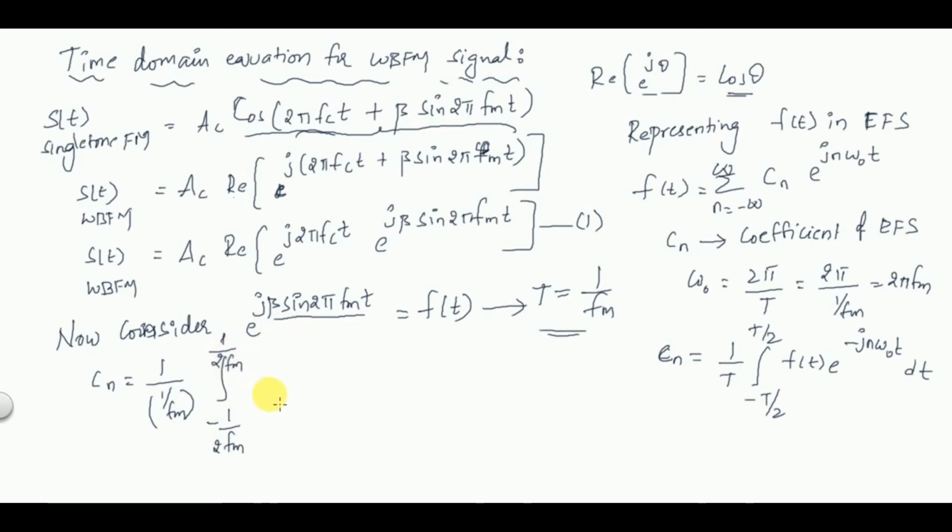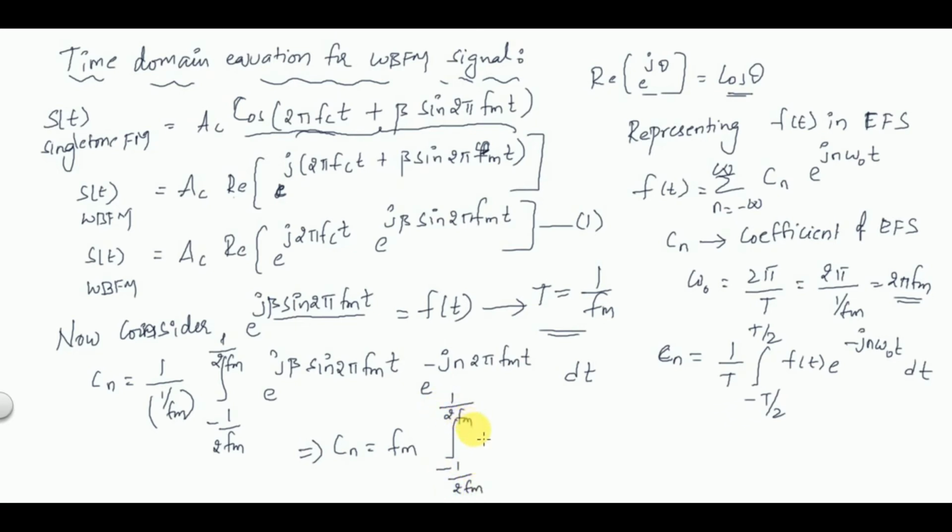F of t is e power j beta into sine 2 pi FM into t, into e power minus jn. What is omega naught? Omega naught value is 2 pi FM, so 2 pi FM into t dt. So this is what you have got. So we can write Cn is equal to FM into integral from minus 1 by 2 FM to 1 by 2 FM of e power j.